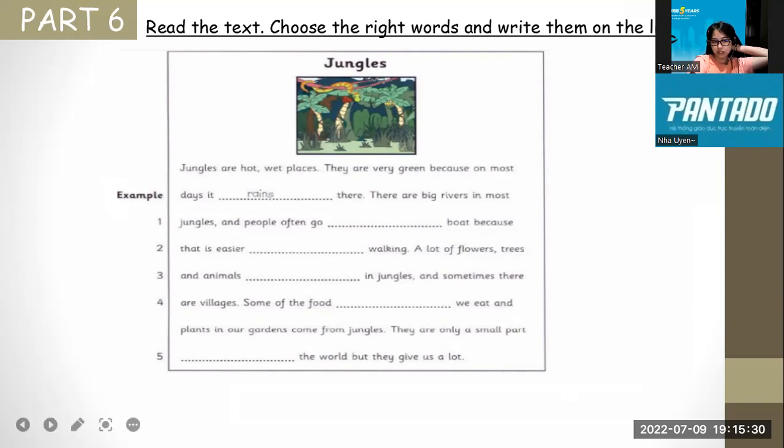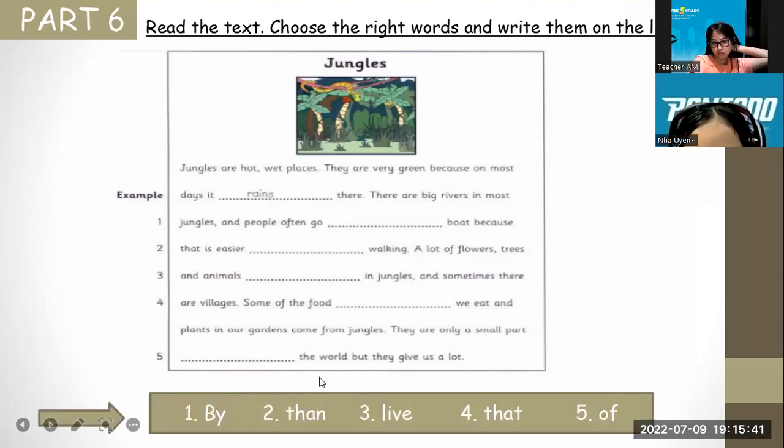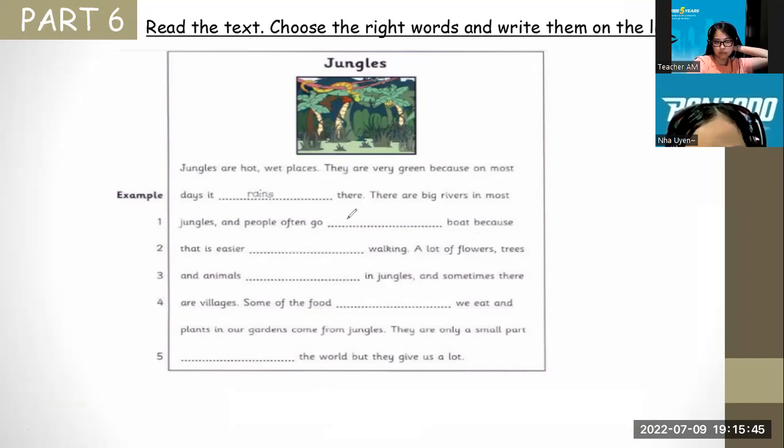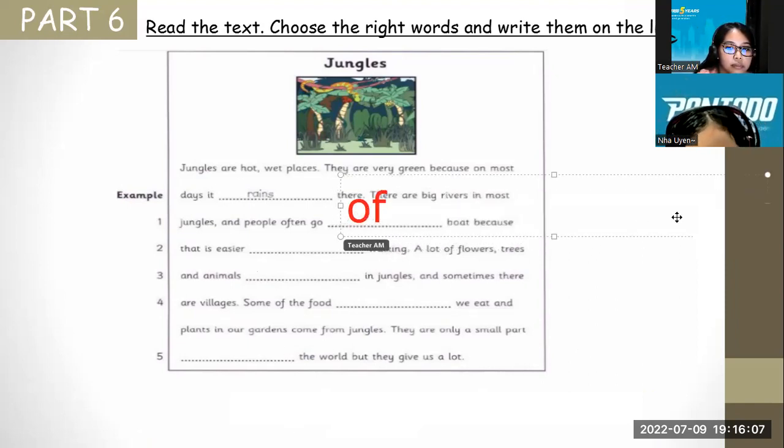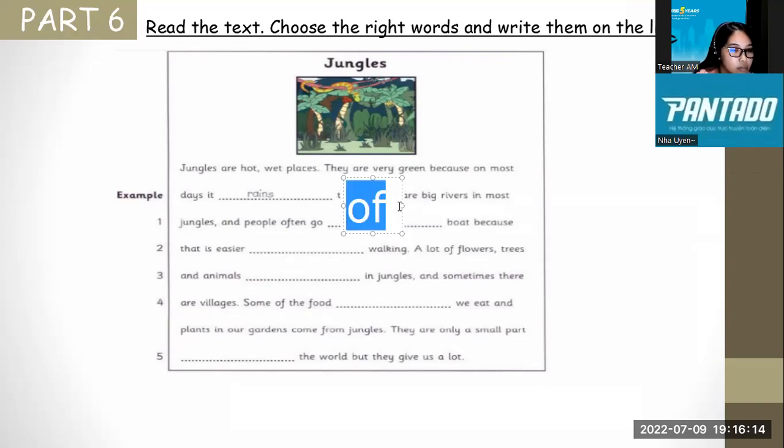There are big rivers in most jungles, and people often go off boat because that is easier.